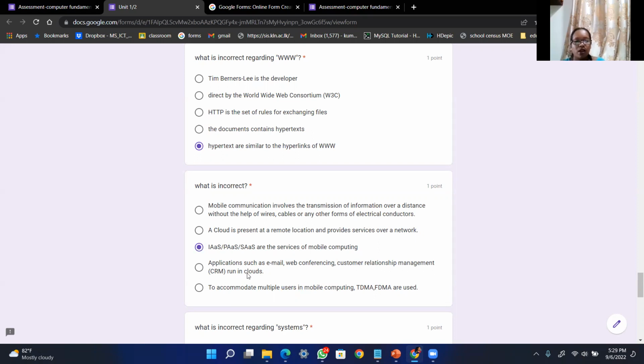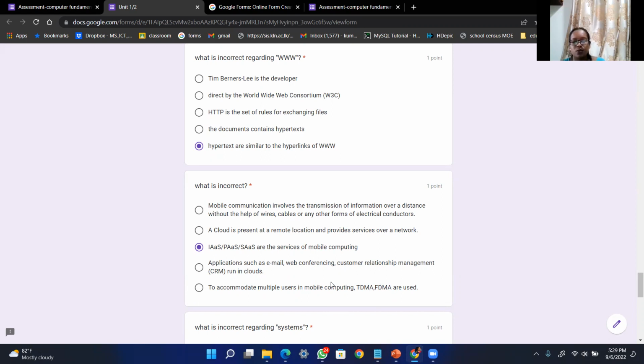Some applications of clouds. That is correct, right? To accommodate multiple users in mobile computing, TDMA and FDMA are used. That is correct. Frequency division, time division, multiplexes. These two technologies that we mentioned in the slide as well, right?